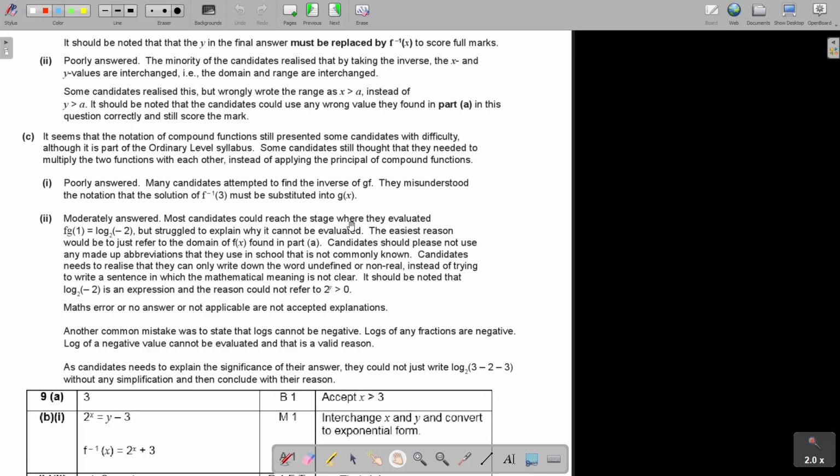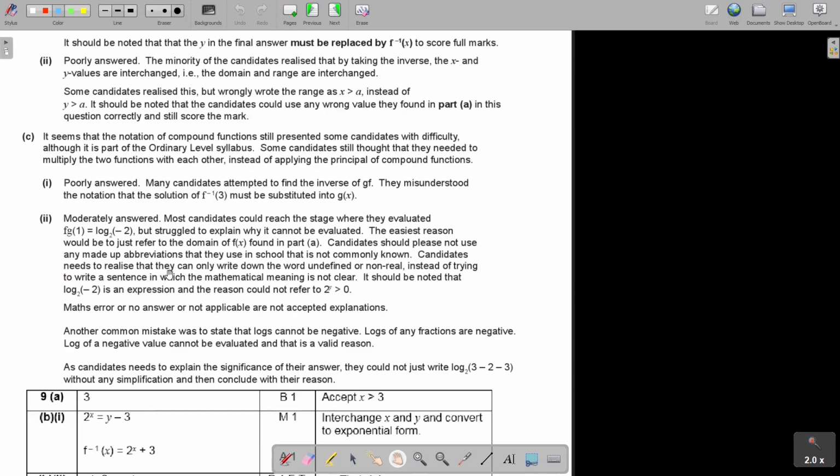Most candidates could reach the state where they evaluate this, but struggle to explain why it cannot be evaluated. The easiest reason would be to just refer to the domain of f found in part A, that it was bigger than 3. Candidates should please not use any made-up abbreviations that they use in school that is not commonly known.